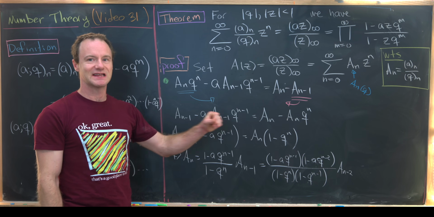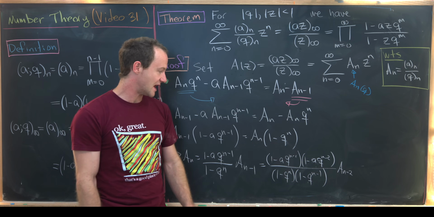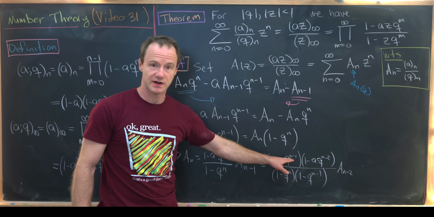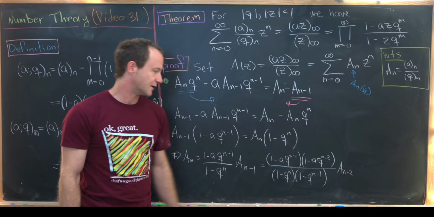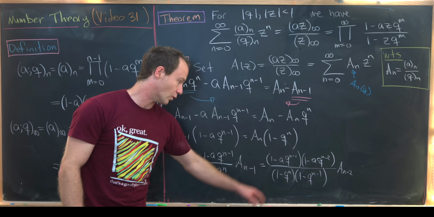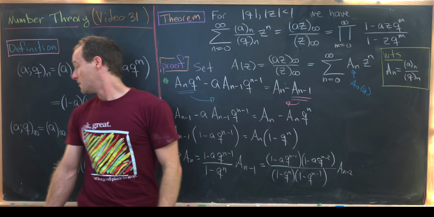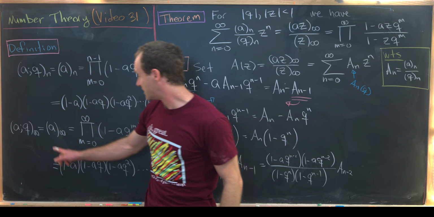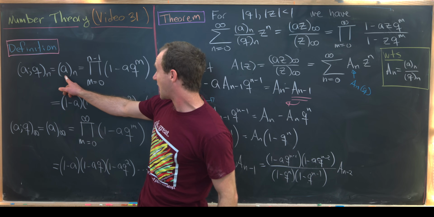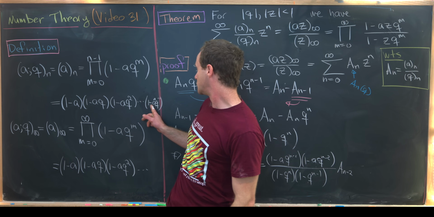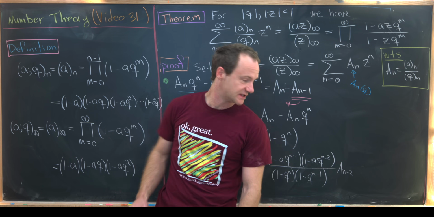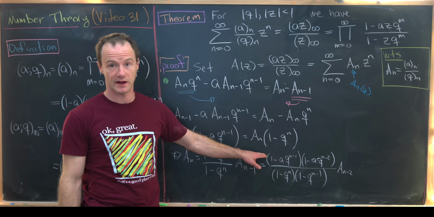But that's going to extend all the way until we have a q to the 0 power here. So in other words, we'll have 1 minus a, and we'll have a q to the 1 power over here. In other words, we'll have a 1 minus q. But that means that we'll have this product: 1 minus a, all the way up to 1 minus a times q to the n minus 1 in the numerator.